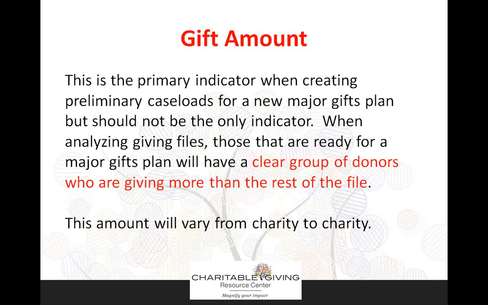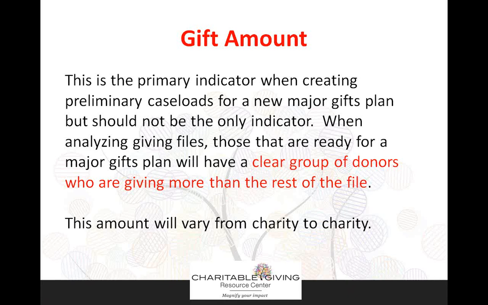So if you have a donor database that you can drop in the last 24 months of givers and then sort them by gift amounts, generally it's pretty easy to look at that and say the majority of our givers are in this range right here. And you'll want to look at that and say, this is probably a group I want to look at a little deeper. And that amount's going to vary from charity to charity.